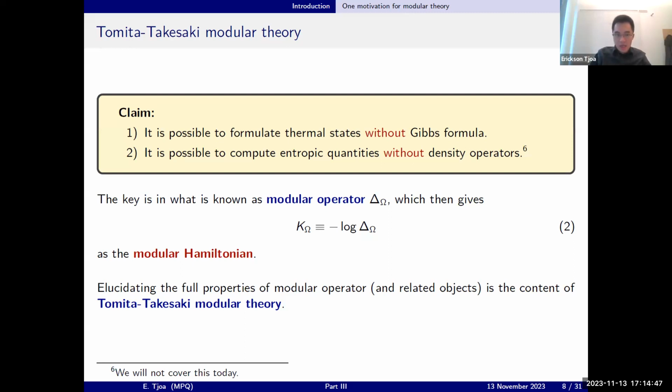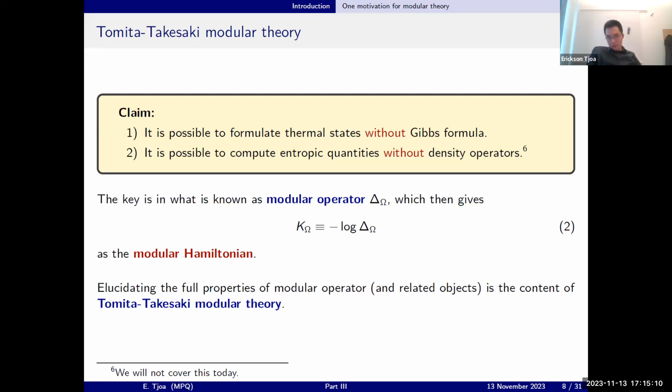But the key is that there is this operator. Remember, k equals minus log of some operator is the modular Hamiltonian, right? The key is that you need to make sure that there exists an operator called the modular operator whose minus log is the modular Hamiltonian. So the problem is that you want to make sure that these operators exist.